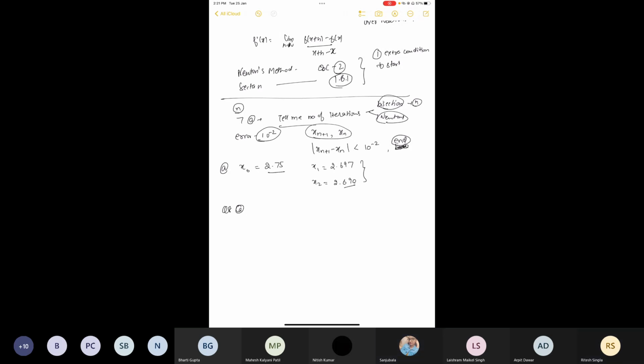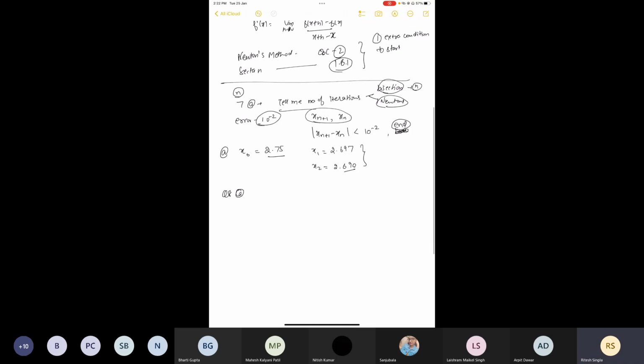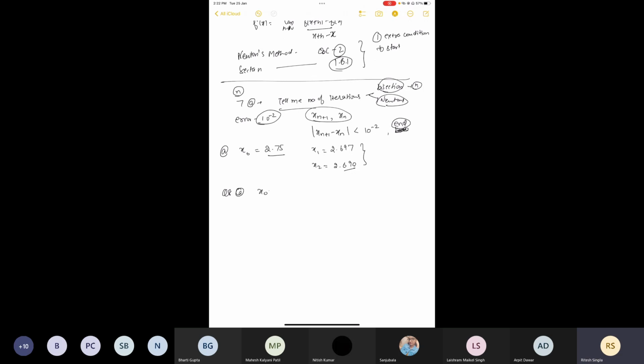Just oscillation doesn't mean that it will not converge. Say for example, x naught is 1 and x1 is minus 1 by 2, x2 is 1 by 3, x3 is minus 1 by 4. If the iteration goes like this, then it is already converging to 0, right? I'm not saying that x naught and x1 will be exactly that, but say you start with x naught equal to 1, and somehow you get x1 to be minus 1 by 2, x2 to be 1 by 3, x3 to be minus 1 by 4.